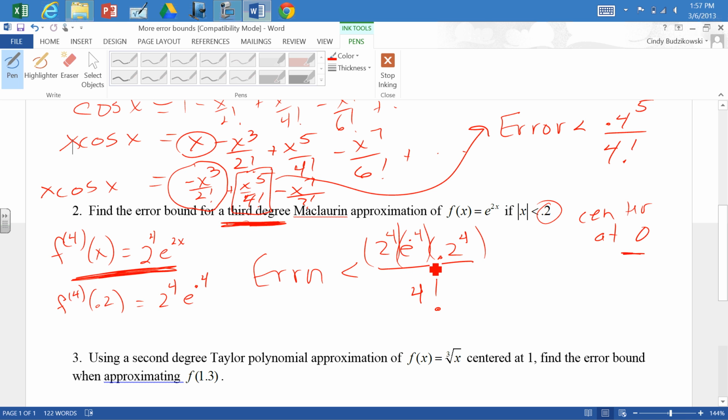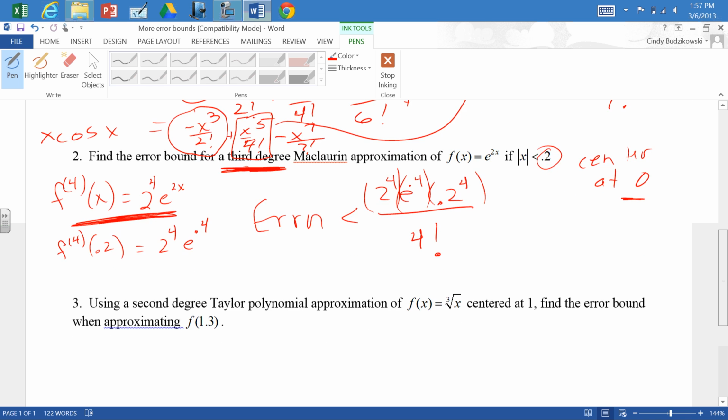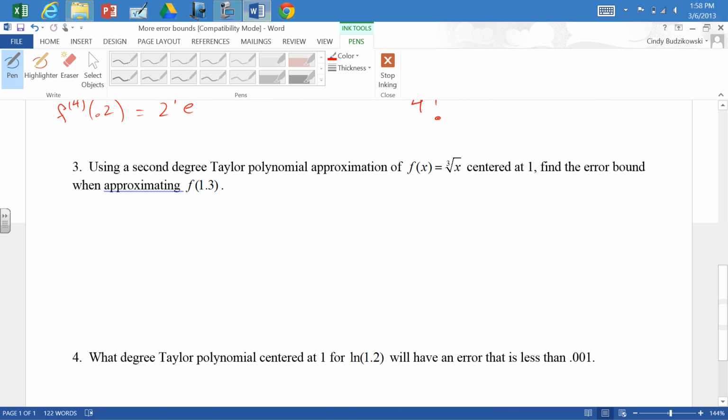All right, next one. Cube root of x, centered at 1. Oh, we finally have one that's not centered at 0, so our center is 1. We are going to plug in x equals 1.3. And let's see, second degree Taylor polynomial, so we are going to use the third derivative at some value c.